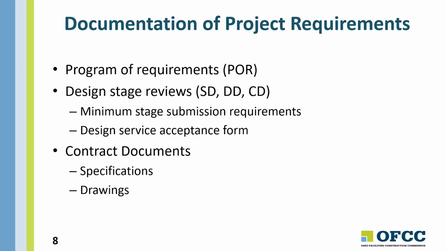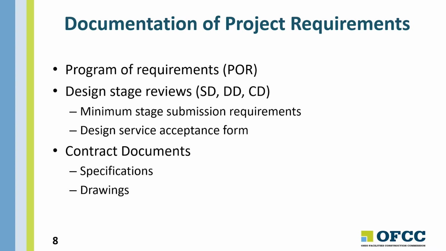And we also ask for them to submit multiple times during construction documents, usually at 50% complete CDs, and then usually at 85 or 90% CDs, and then once again before we accept it for bidding. We also require that they obtain plan approval from the Department of Commerce before we bid the project.